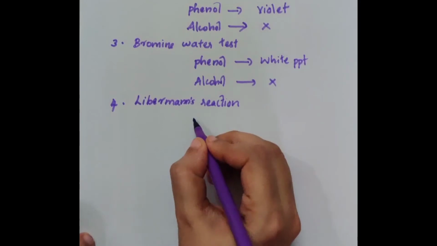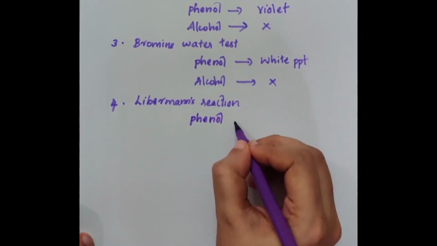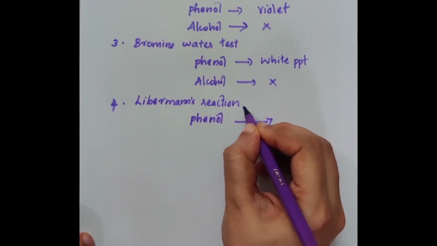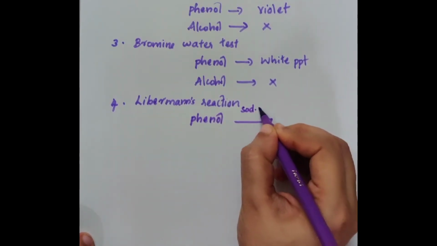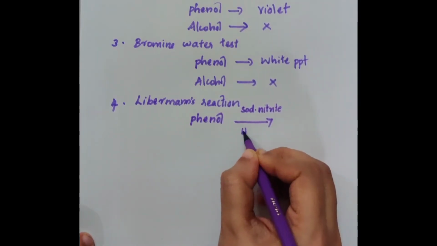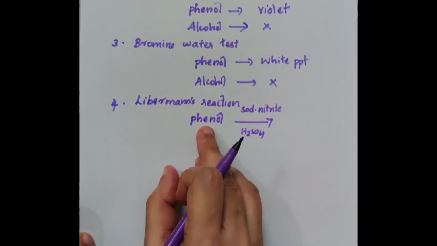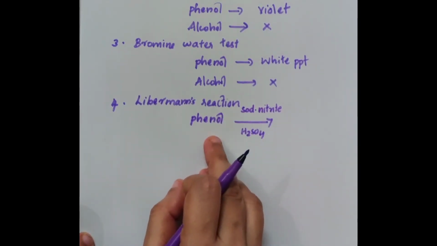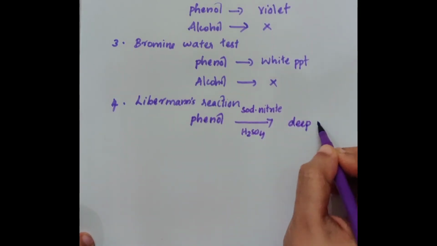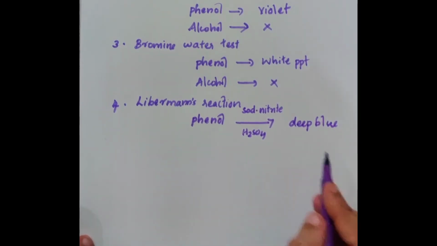Phenol, when warmed with sodium nitrite and H2SO4, gives a deep blue coloration due to the formation of a complex.